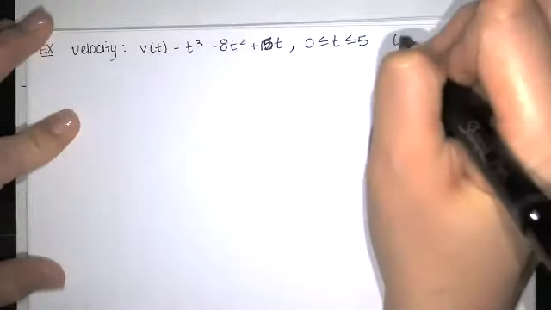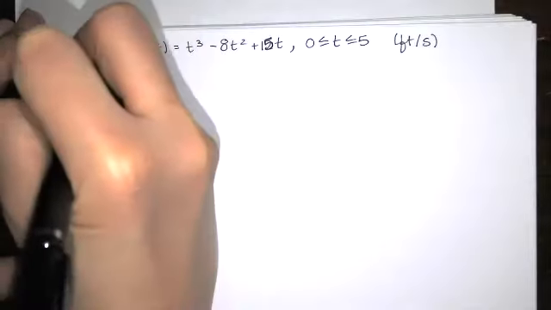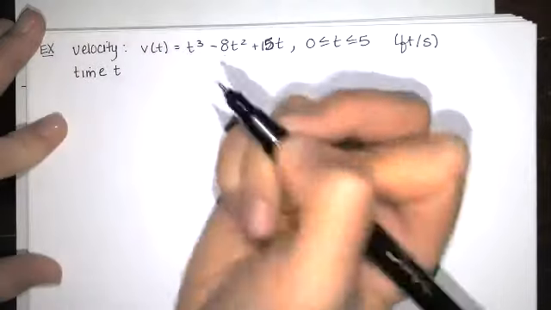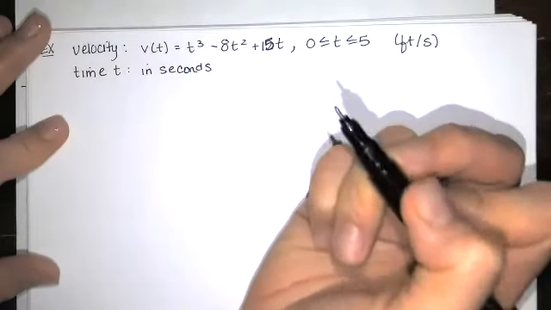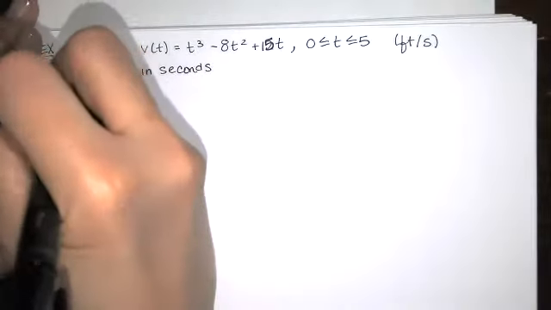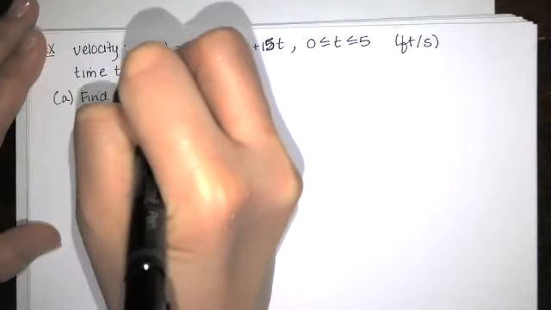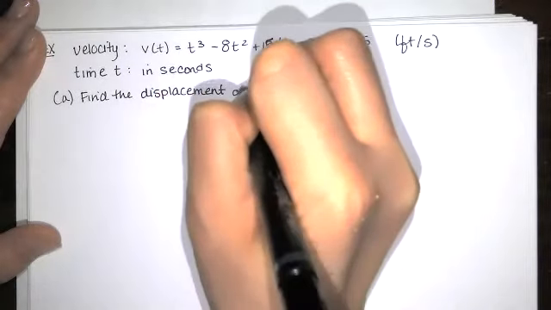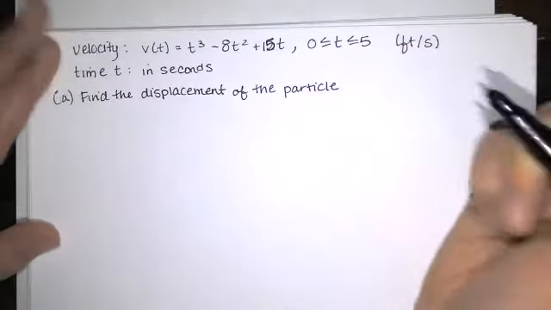And we're given units. This is feet per second. And we're told that time t is measured in seconds. Okay, let's say somebody asks you to find the displacement of the particle over that time interval.